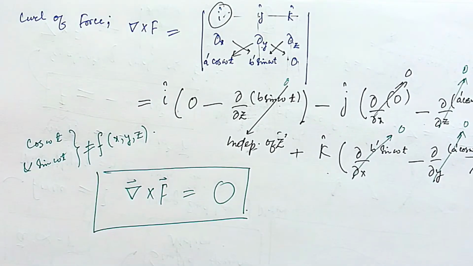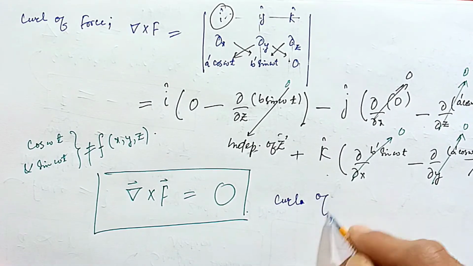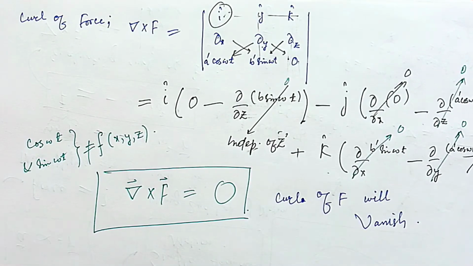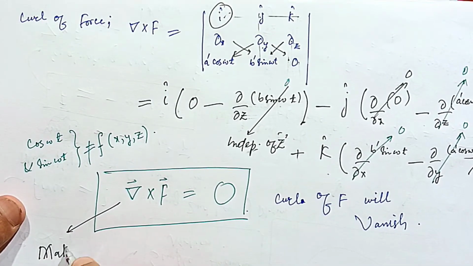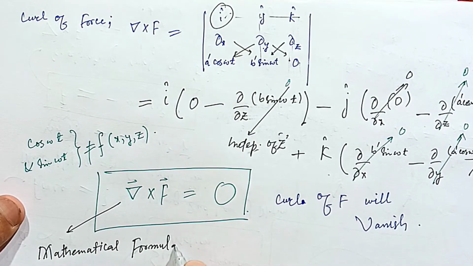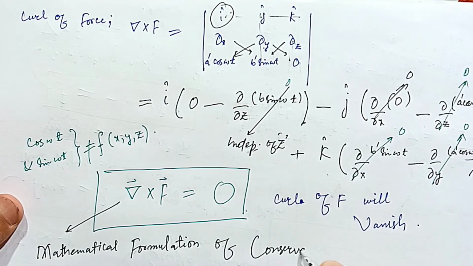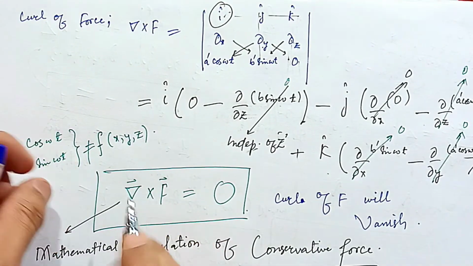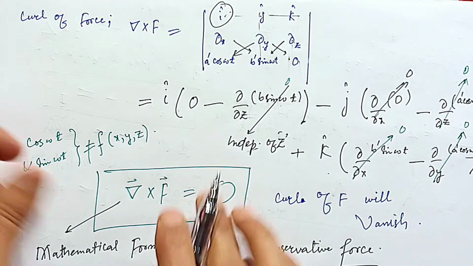That means the curl of F will vanish. What does that mean? This is the mathematical formulation of a conservative force. If the curl of the force vanishes, that means the force is diverging.